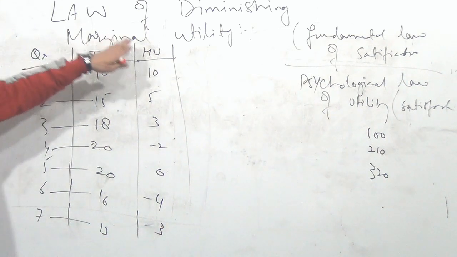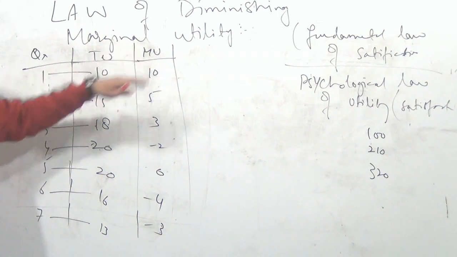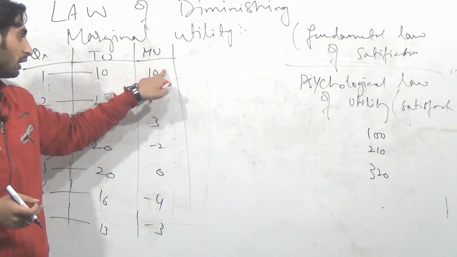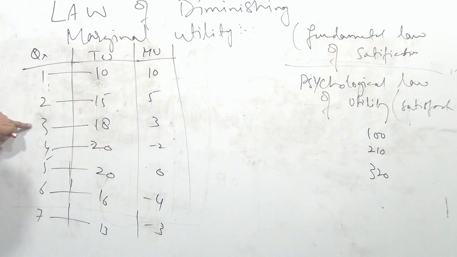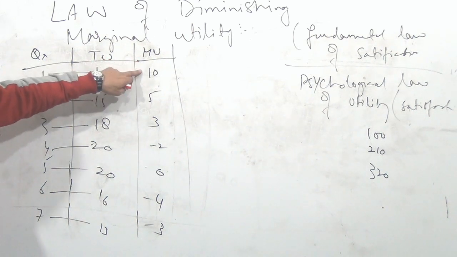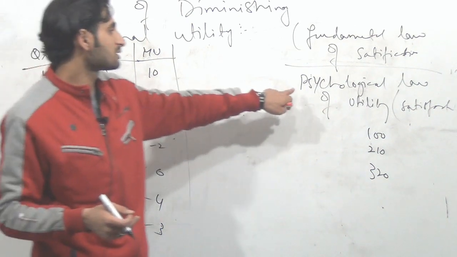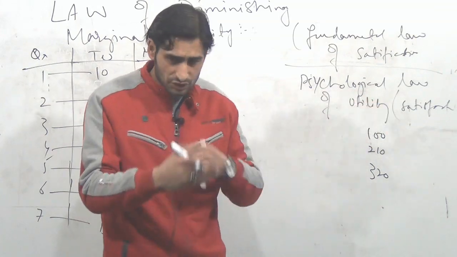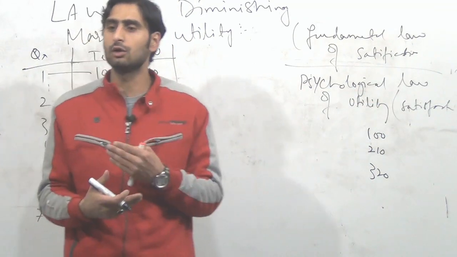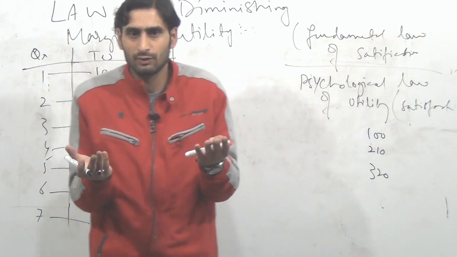Fine. Marginal utility. The law states that as more and more units of a commodity are taken, the utility derived from every successive unit declines. How? Because this is psychological. Persistently, when you increase the intake of any commodity, it is obvious that you will get fed up.